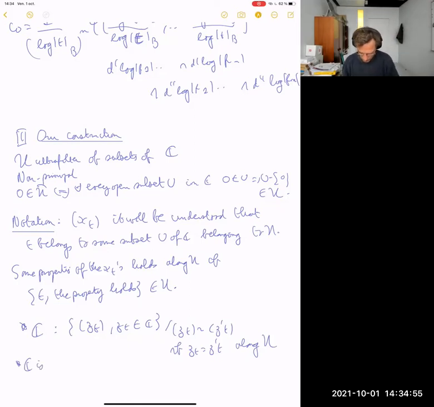So the term-wise addition and multiplication give *C the structure of a ring, and actually of a field, and this is an algebraically closed field, containing a real closed field, which is *R.